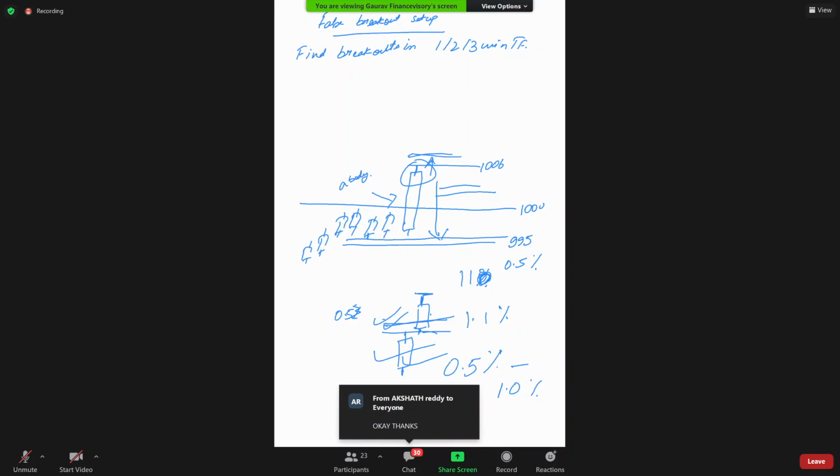So you mean we are supposed to place a limit order slightly above the breakout candle? Yes, you need to place a limit order or an SLM order or a cover order, whatever you want. You can also do one thing: take entry on market order once you see the breakout, and then place a stop loss order first.